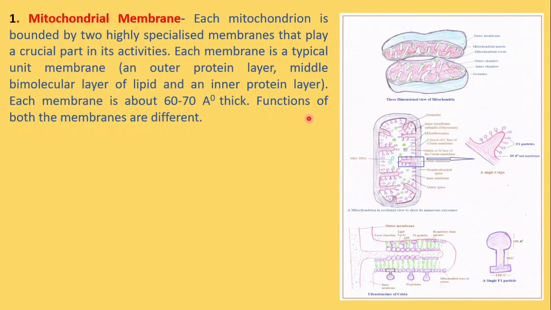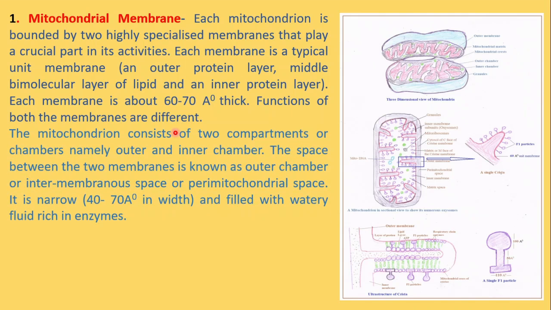Like our plasma membrane, the membrane of mitochondria is also a typical unit membrane. Each membrane is about 60 to 70 angstrom thick. The functions of the inner as well as outer membrane are different, and we will see this in detail. The mitochondrion consists of two compartments or chambers, namely the outer and inner chamber.